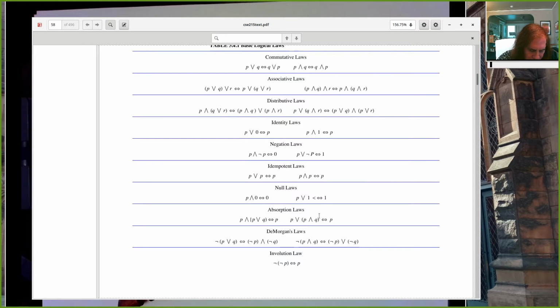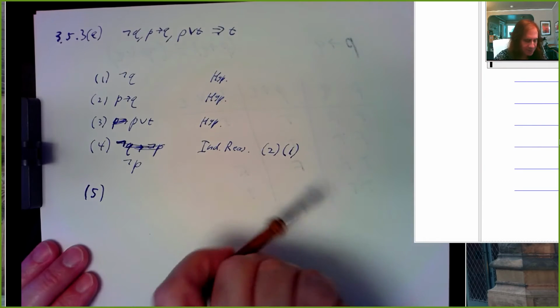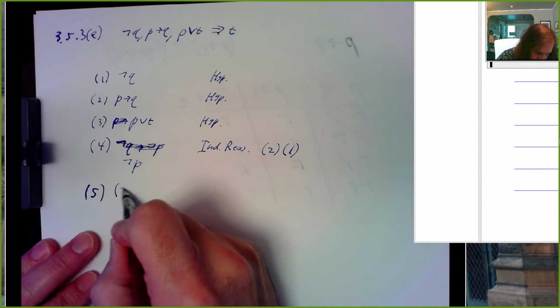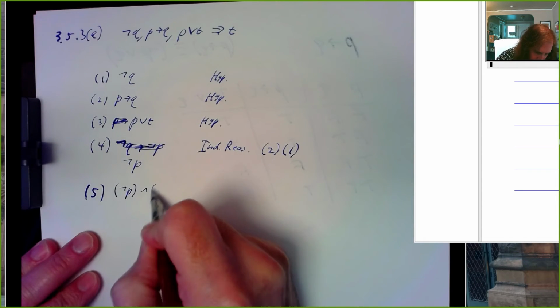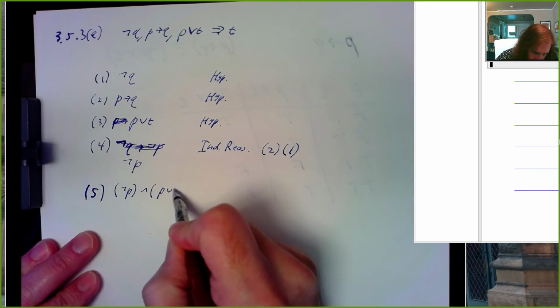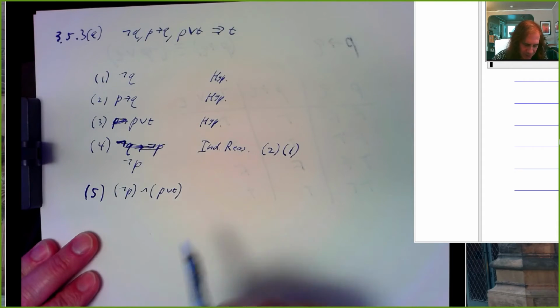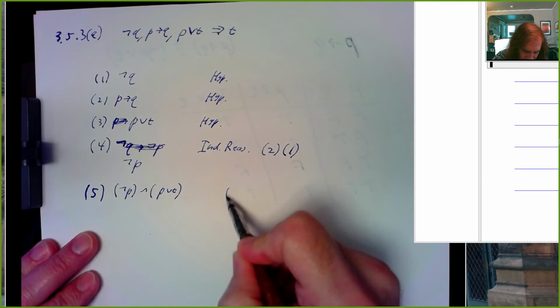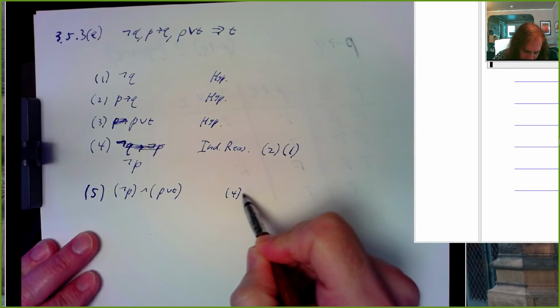I don't know if absorption would get us there immediately, because we have not P and we have P or Q. But let's write that out. Sorry. That's okay. So we know this is true because this is just statements 4 and 3.